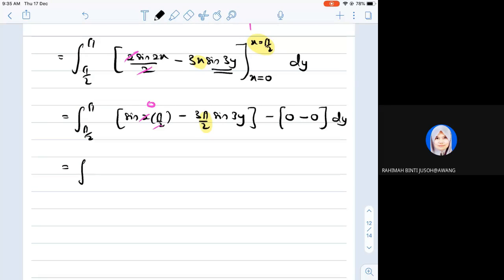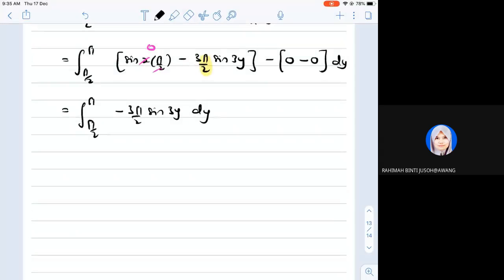So we have the integral from pi over 2 until pi of negative 3 pi over 2 sin 3y with respect to y. So we just integrate. 3 pi over 2 is just a constant, so negative 3 pi over 2. Integrate sine, we will get what? Positive or negative cos? Negative cos. Yes, good. So negative cos 3y over 3. Bring this 3 to the bottom, like this.